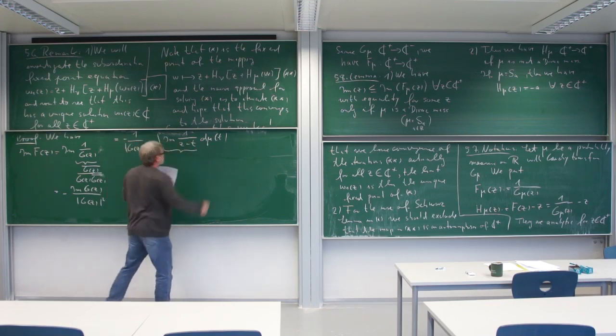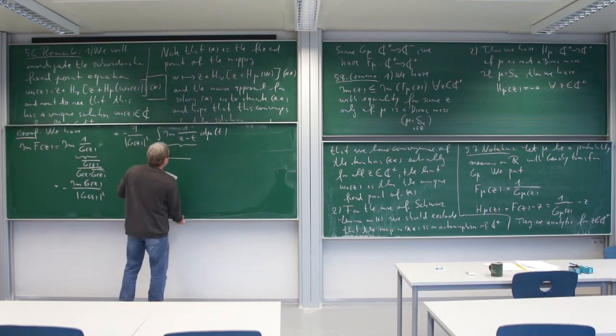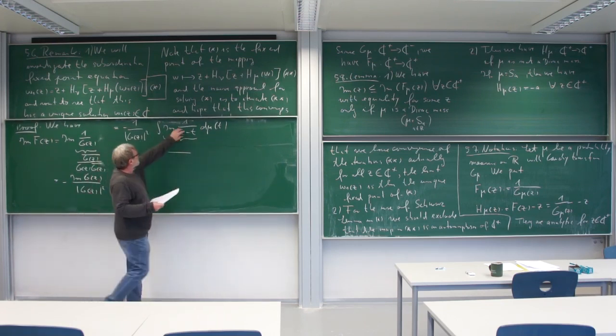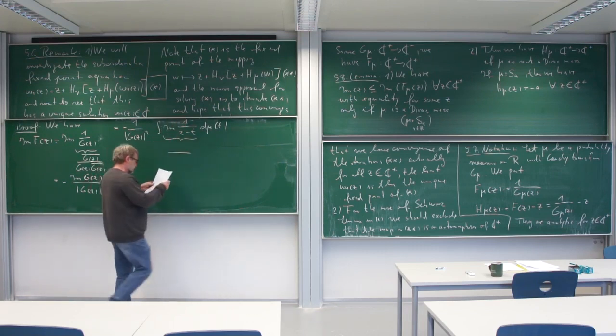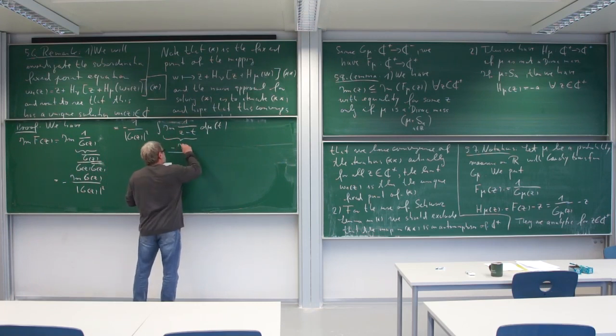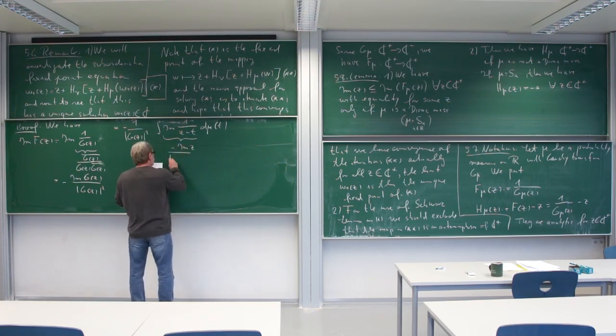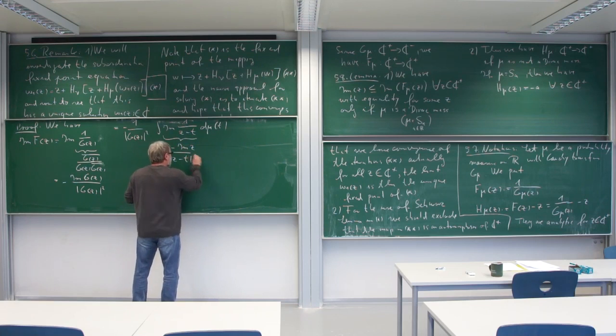And again, what is the imaginary part of this? Again, I multiply it with z bar minus t here, and then the imaginary part is the imaginary part of z bar, which is minus the imaginary part of z. So what I get here is minus the imaginary part of z divided by the absolute value of z minus t squared.